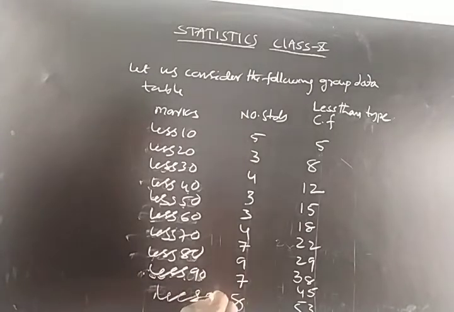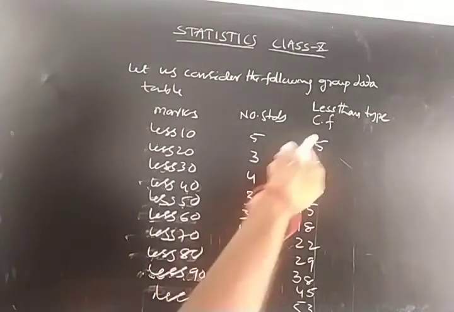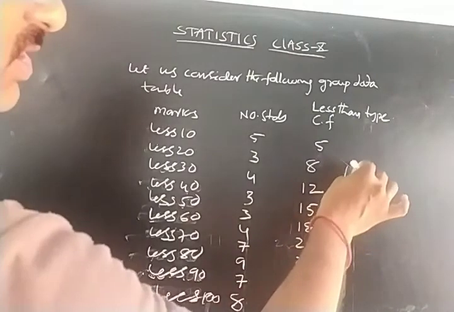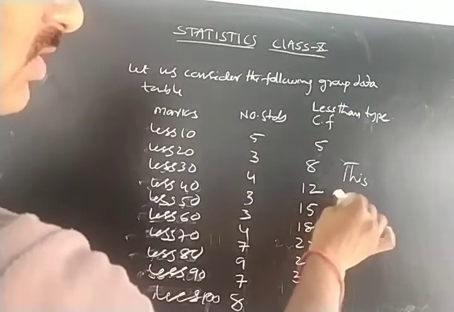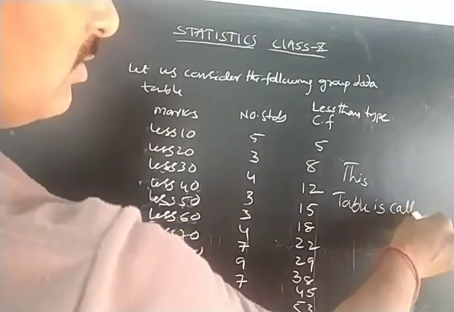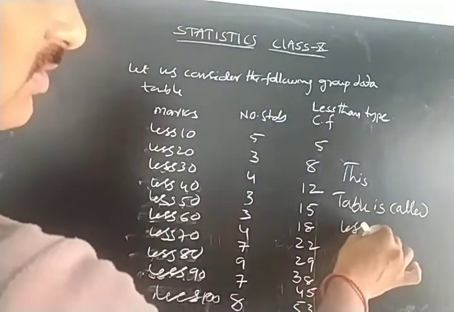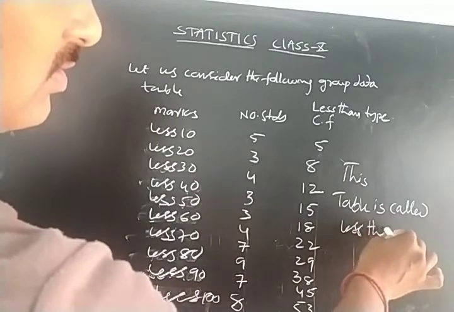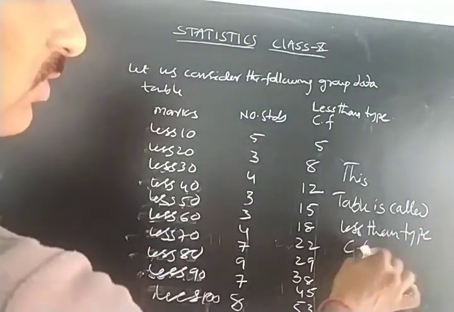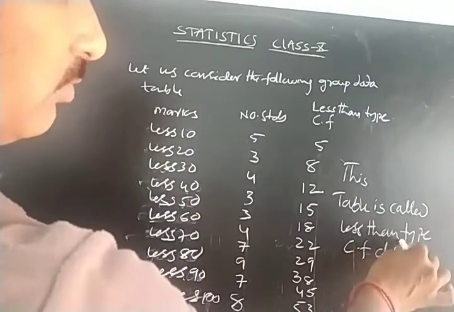So this table is called the less than type cumulative frequency distribution table.